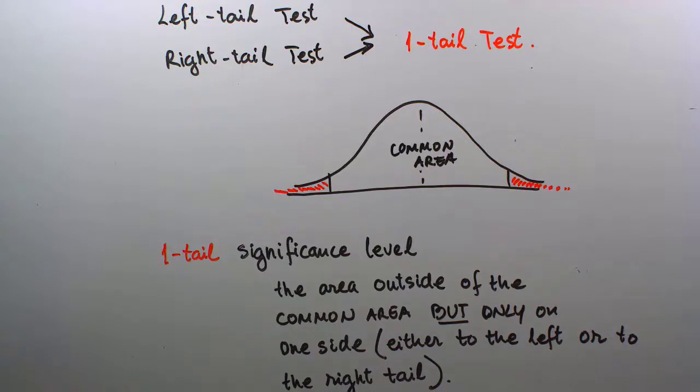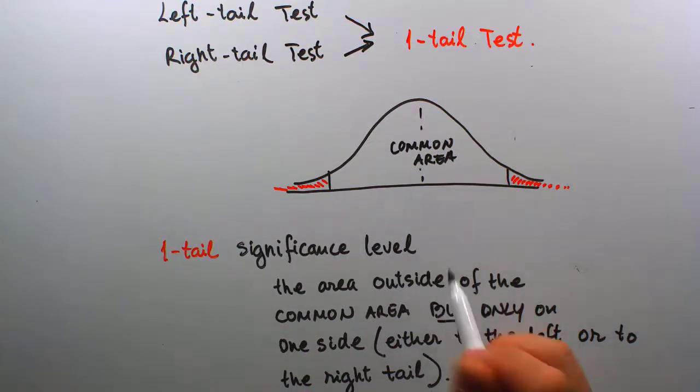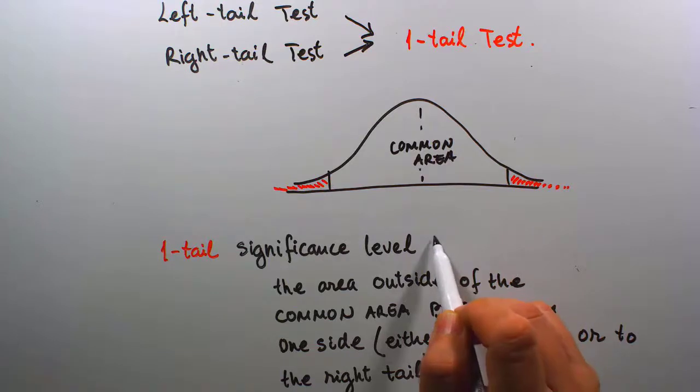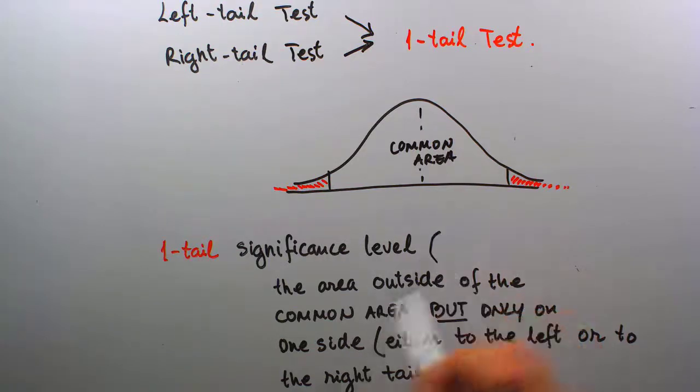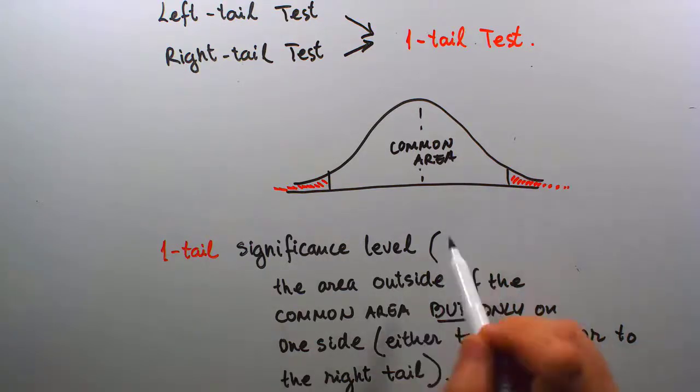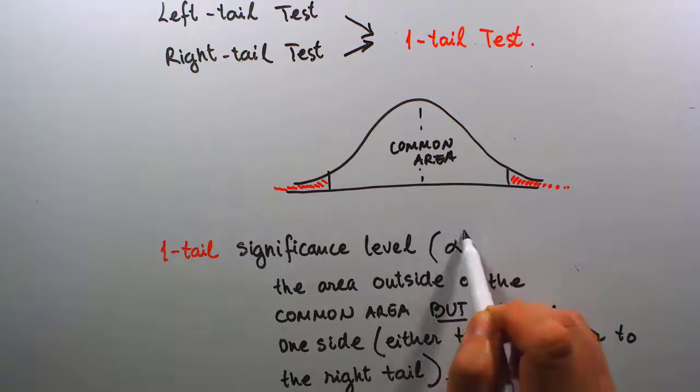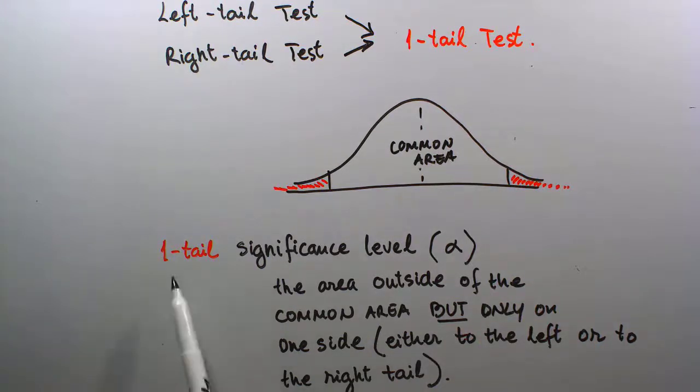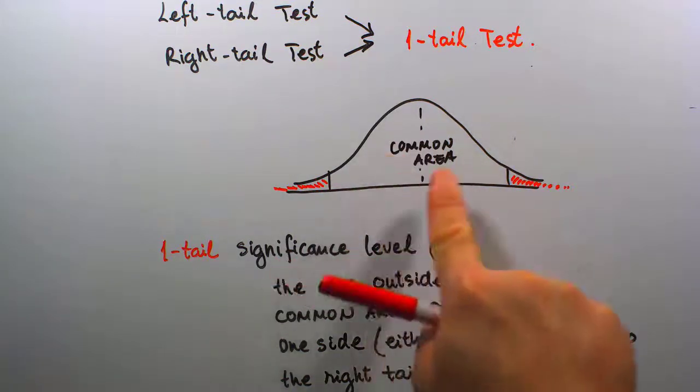And so, as a graphical interpretation, with our significance level being notated as alpha, and now being a one-tail significance level, that means, graphically speaking, here's our common area on the bell curve.